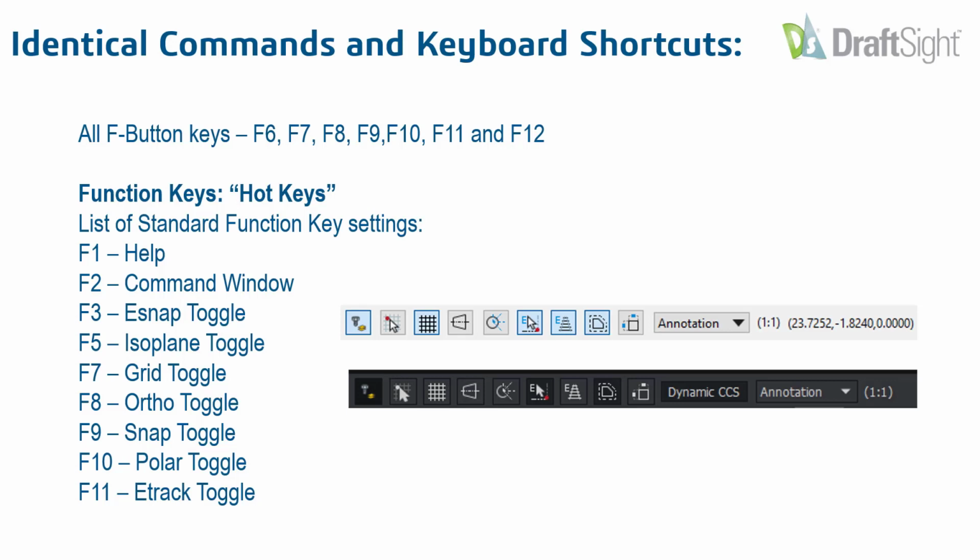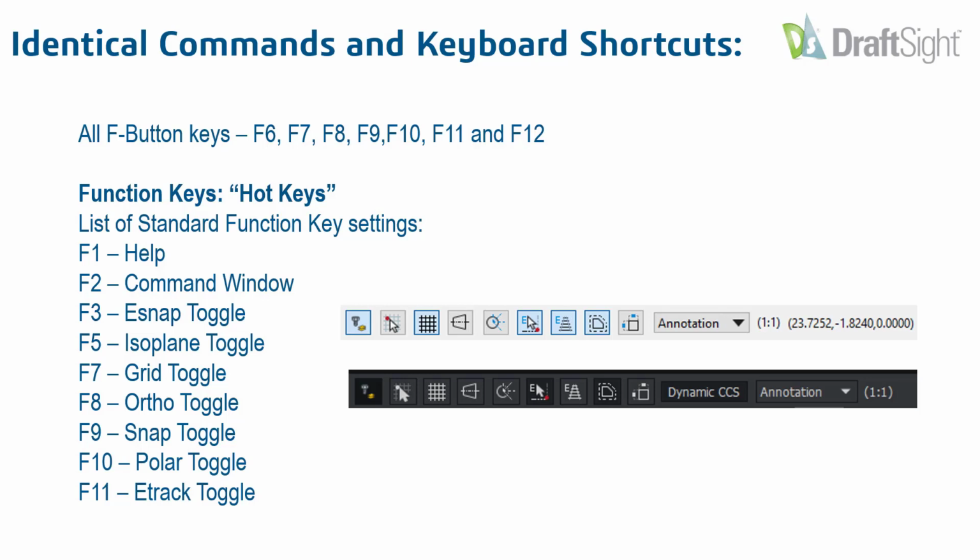As we get into more identical commands and keyboard shortcuts in DraftSight, you'll see here that I have listed your F function buttons that are very identical to what they are inside AutoCAD. We'll see the F6 through F12 is available. That's your grid, your ortho, your snap. That's all on here as well.